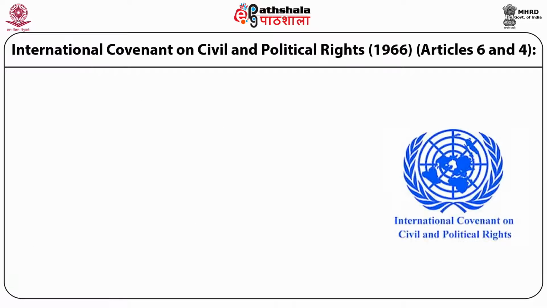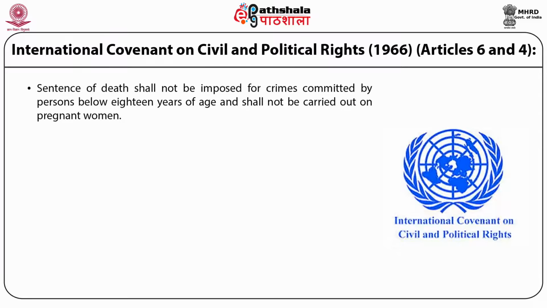The ICCPR also says that the sentence of death shall not be imposed for crimes committed by persons below 18 years of age, and shall not be carried out on pregnant women. This is extremely important. Recently, in the Nirbhaya case in India, one of the convicts, one of the individuals who raped Nirbhaya, was sentenced to only 3 years in a remand home.